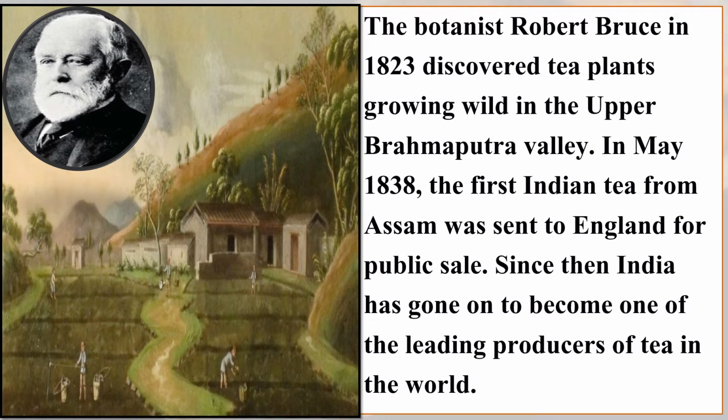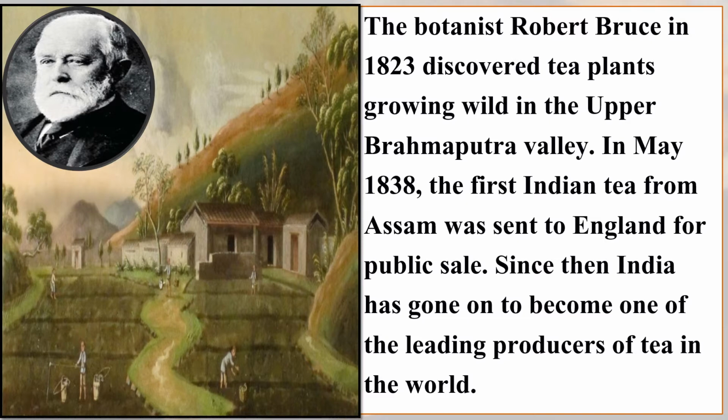In 1823, he discovered tea plants growing wild in the upper Brahmaputra valley. And in May 1838, the first Indian tea from Assam was sent to England for public sale. That's what he has done between these years, that he kept on researching, and the first Indian tea was ready to send to England for public sale.